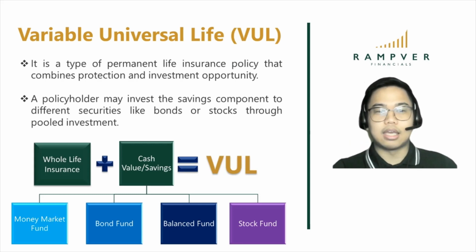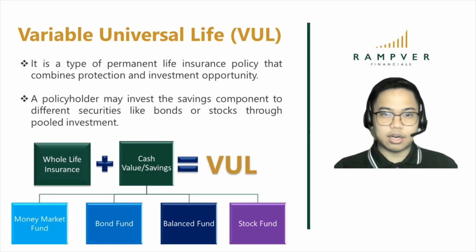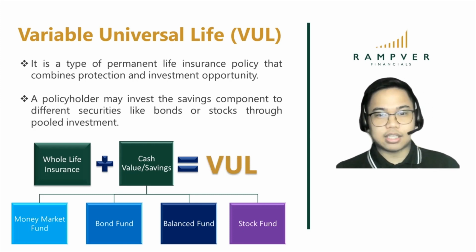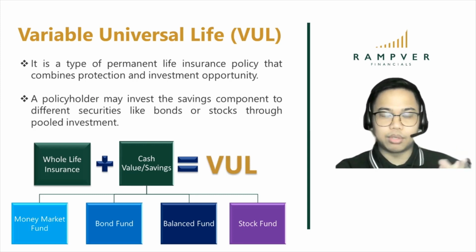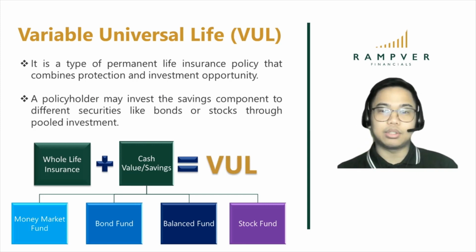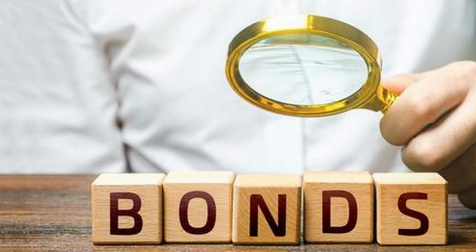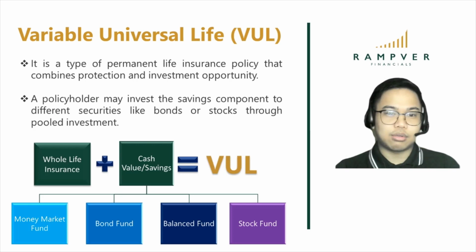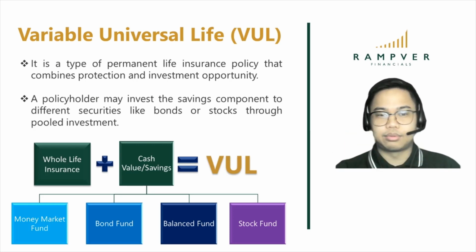So yun po yung characteristics ng isang permanent life insurance policy na wala po sa term insurance po or sa mga temporary plans natin. Since there is an investment opportunity, the policyholder or the insured may invest the cash value component or the savings component into different securities like bonds and stocks. And just like mutual funds and UITFs, it's actually invested in a pooled fund.